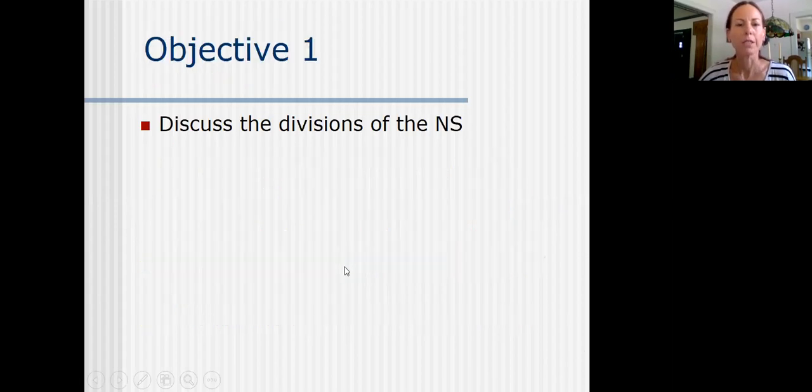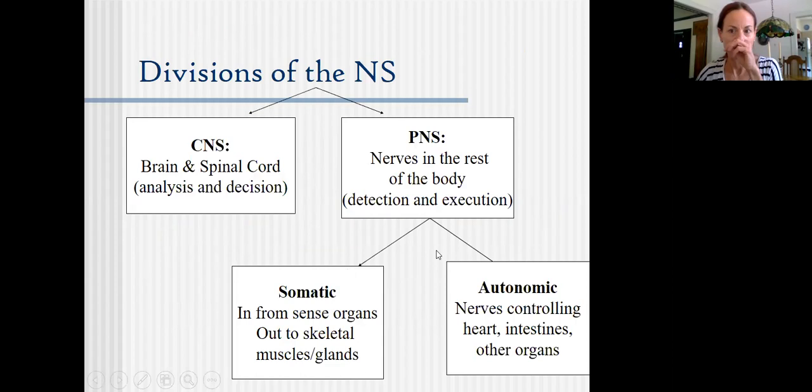Let's just go ahead and get started with the divisions of the nervous system themselves. So we have the entire nervous system that runs throughout the whole body. And then that can be subdivided into the CNS and the PNS, or the central nervous system and the peripheral nervous system. The central nervous system just consists of the brain and spinal cord, therefore central to the body.